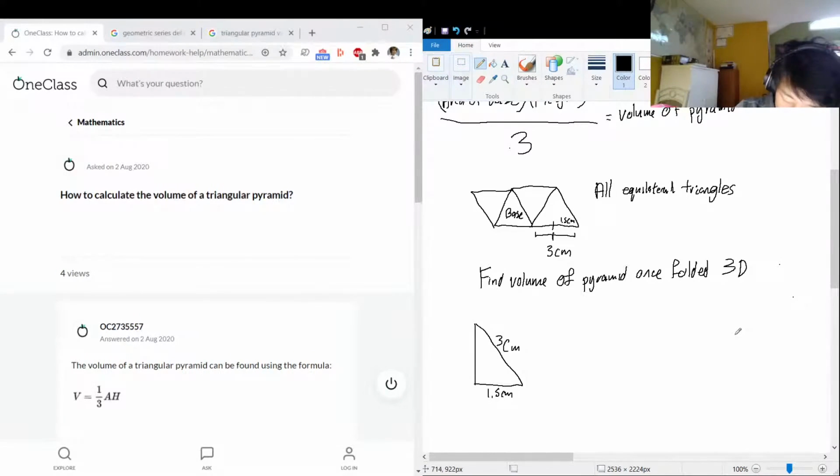So with Pythagoras' theorem, this is going to be the square root of 3 squared minus 1.5 squared.